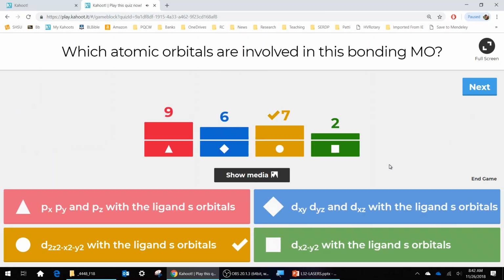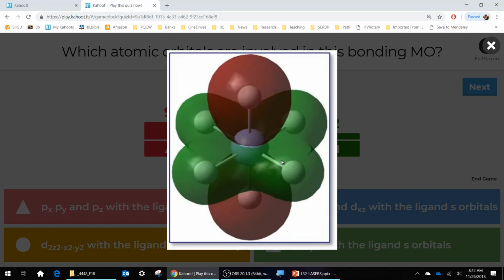I ran out of time. Okay, it's this one here. Let's look at the picture. Yeah, time ran out. Okay, do you see? It's the z squared minus x squared minus y squared. So that's the dumbbell with the donut. And then that's in phase with the 1s orbitals on all of the surrounding atoms.